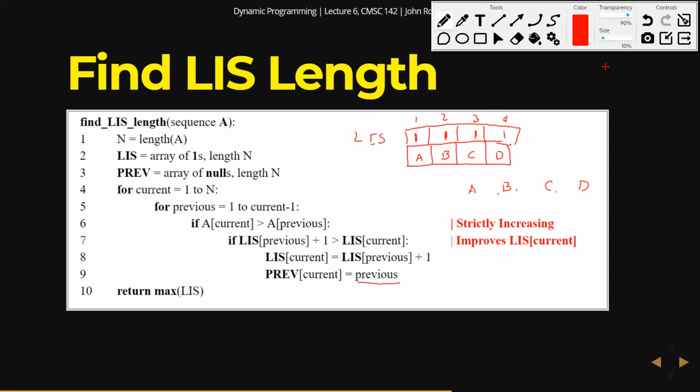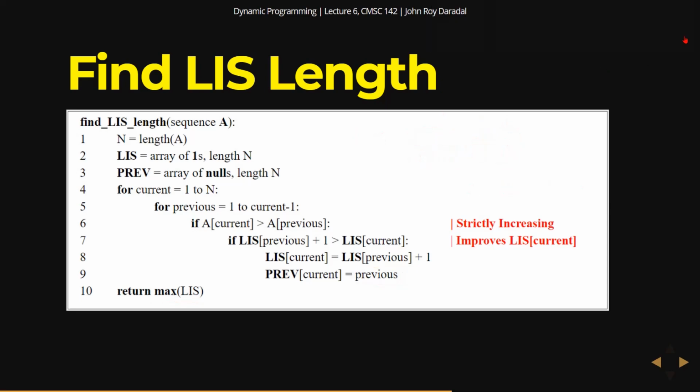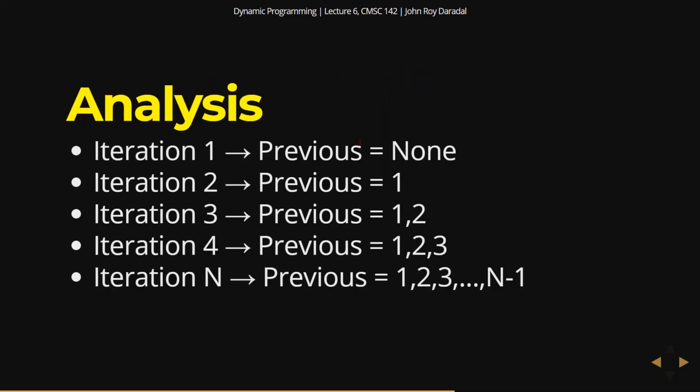So whichever index gave you this current answer, we will save that as the backtrace. And after that, we will just get the maximum LIS value that we find here. I'll show you how this works in an example later.